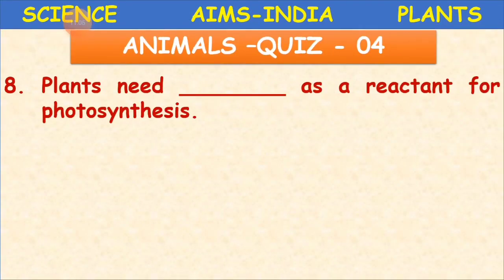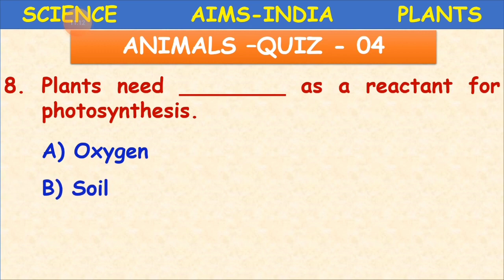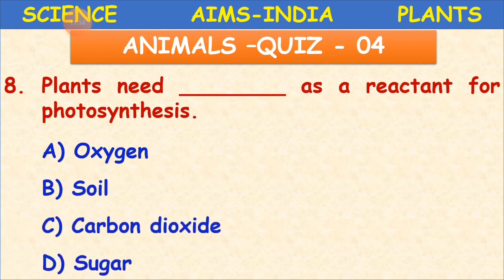Plants need dash as a reactant for photosynthesis. A option is oxygen, B is soil, C is carbon dioxide and D is sugar.